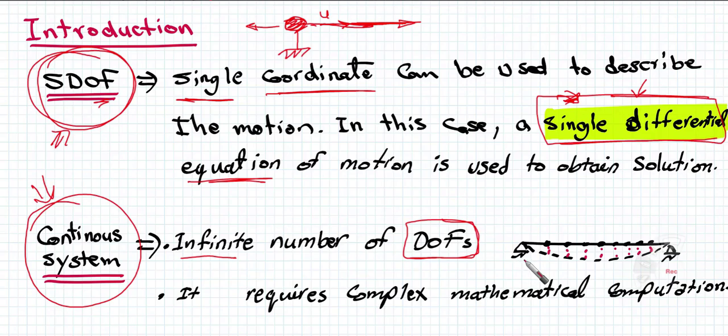For example, if we have a beam, as you can see here, this beam has infinite degrees of freedom, because every point in the vertical direction is considered to be a degree of freedom, and we need a differential equation to describe it.